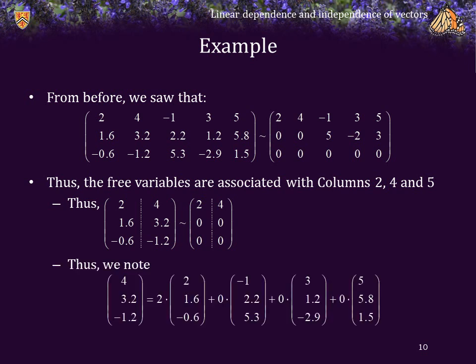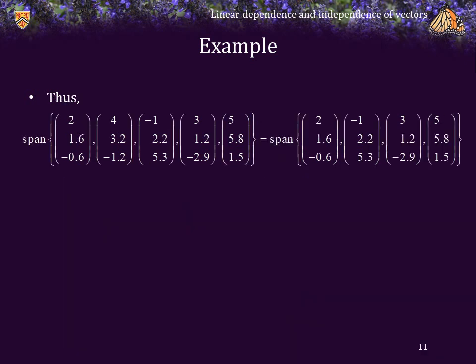Basically, we can write the second vector as 2 times the first vector plus 0 times each subsequent vector. Therefore, the second vector linearly depends on the other 4. Thus, the span of the 5 vectors must be equal to the span of the first, third, fourth, and fifth vectors.